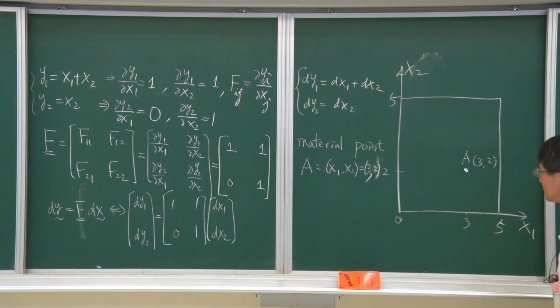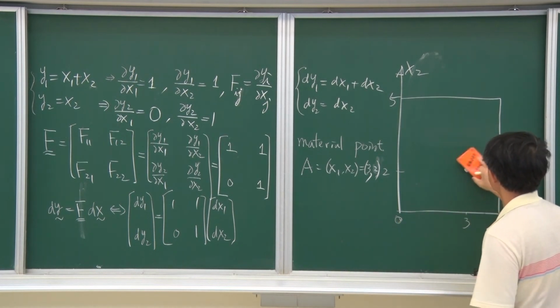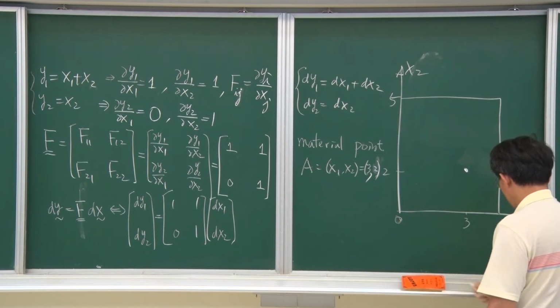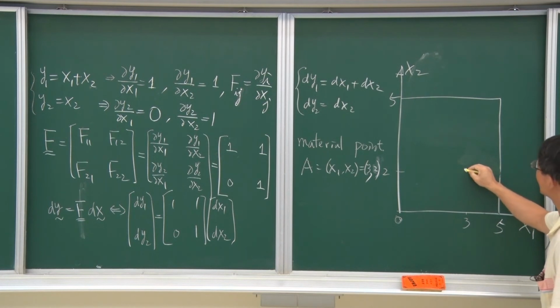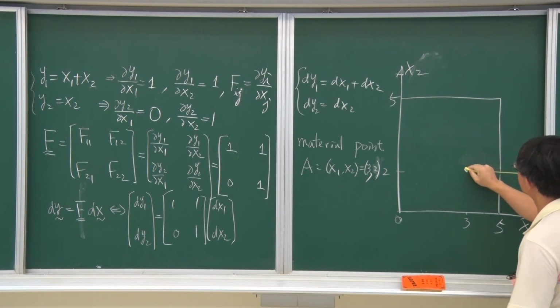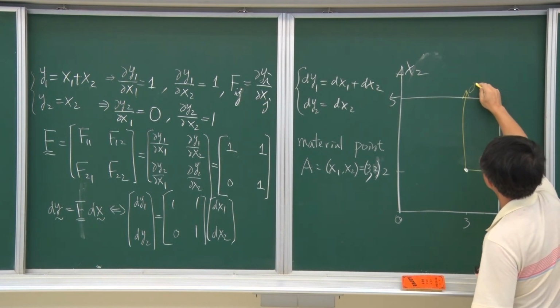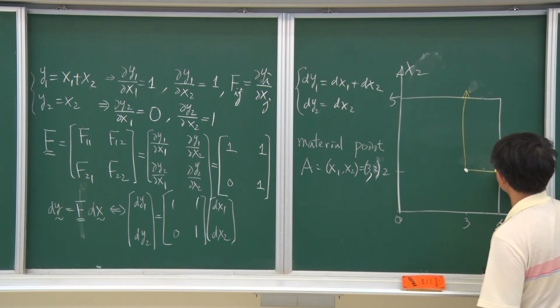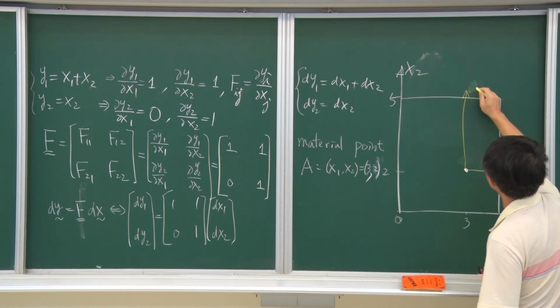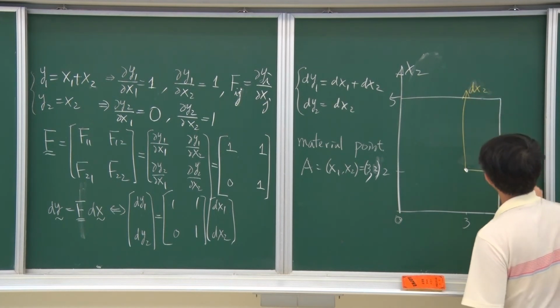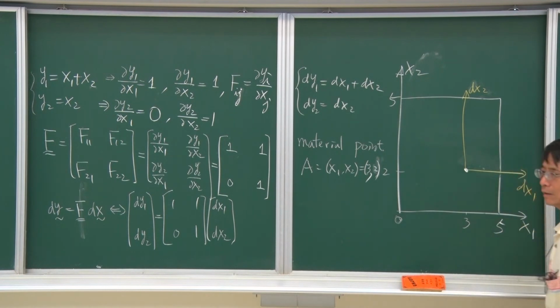Then we erase the backboard and introduce a new axis here. It is not that big, because this dx1 is an infinitesimal quantity. We introduce a local coordinate.